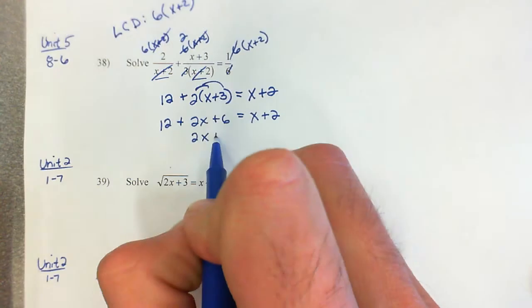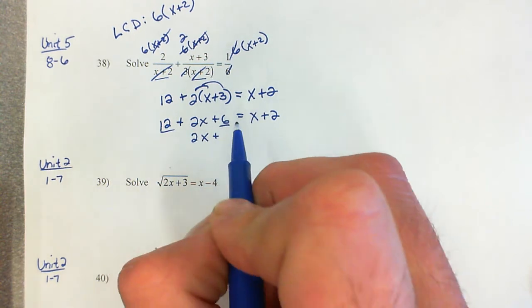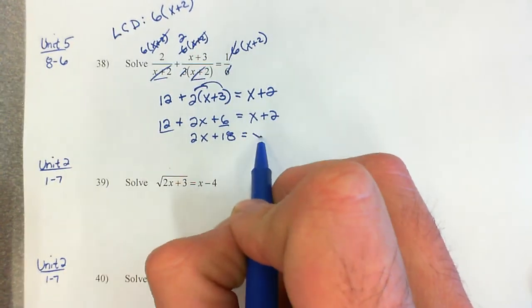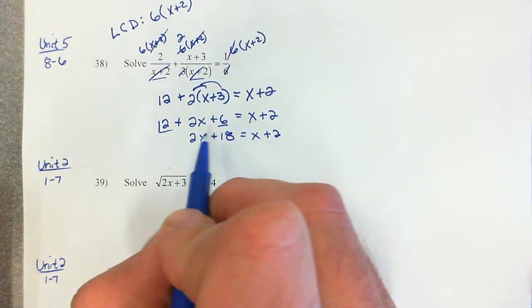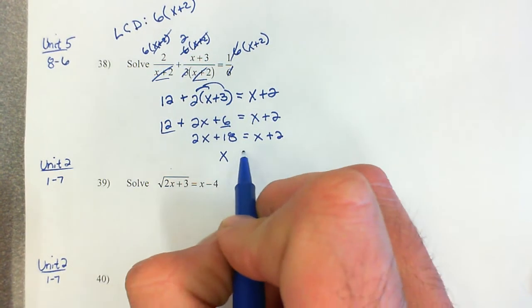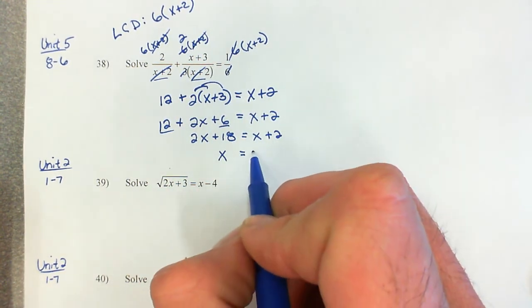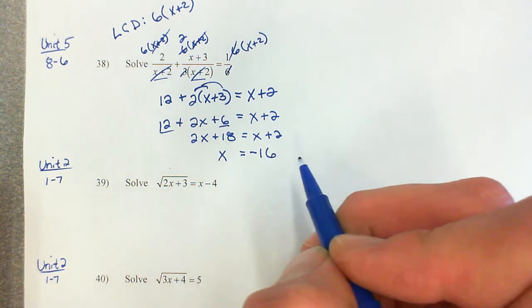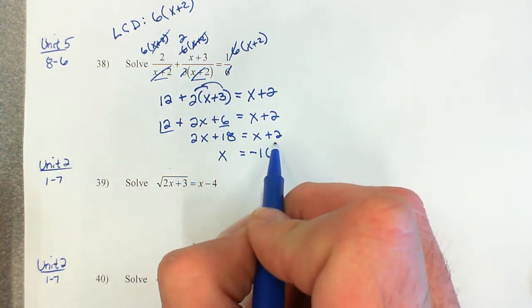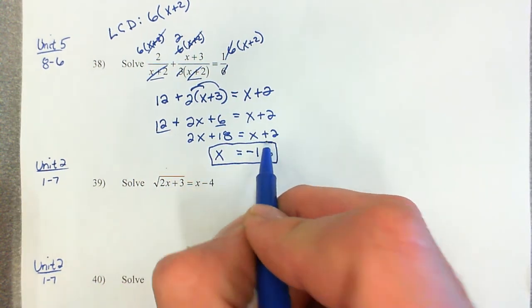So this is 2x plus 12 and 6 is 18, equals x plus 2. Then the x can come over to this side, which just leaves you with an x, and the 18 can come over to that side. So subtract 18 from 2, and you get negative 16. So there is your final answer.